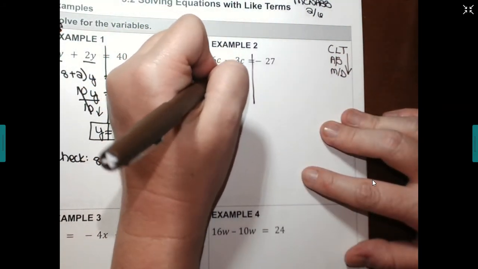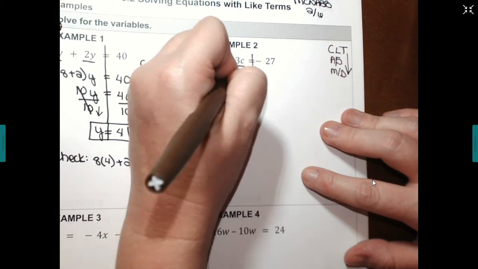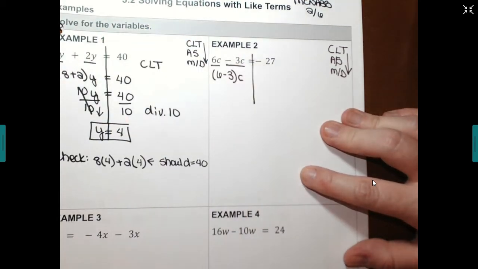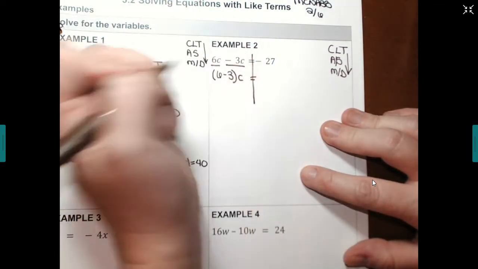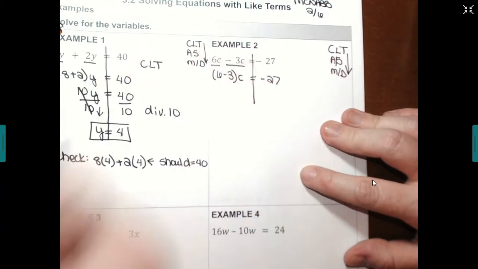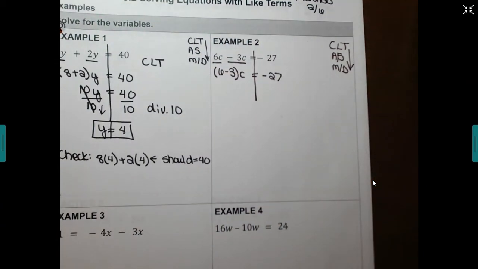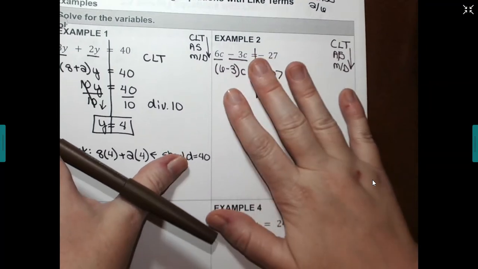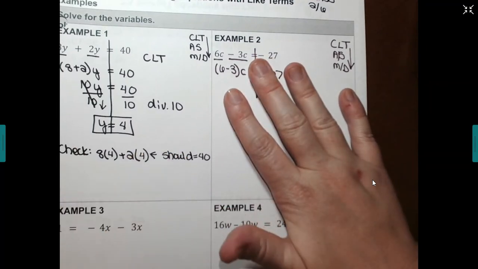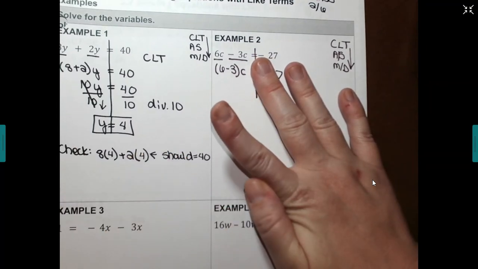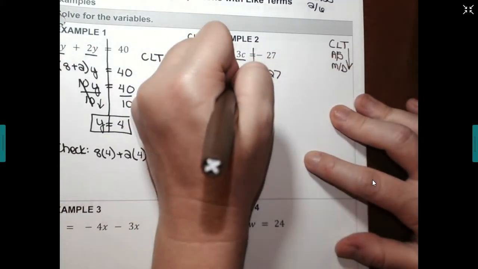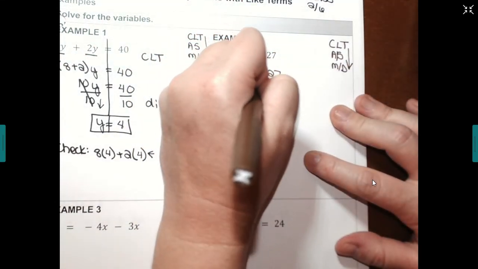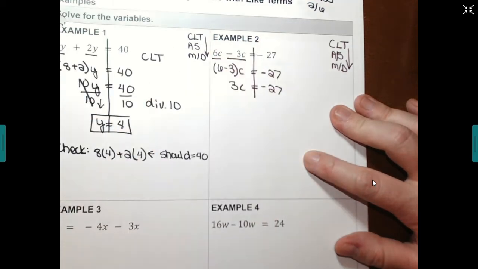I have 6 minus 3. C goes on the outside, equals negative 27. 6 minus 3, if I have 6 fingers down and I pick up 1, 2, 3, that leaves 3 of them. So I have 3c equals negative 27.